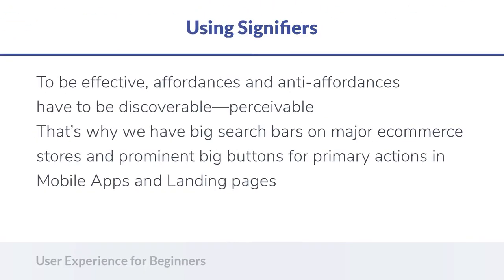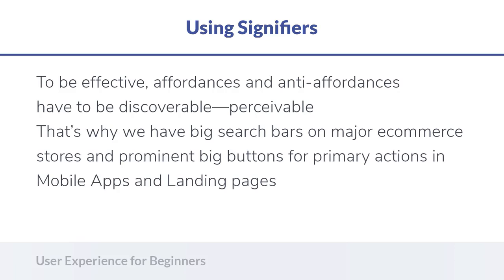Now moving on to how we are going to use these affordances and signifiers. To create a delightful user experience, you need to have affordances and anti-affordances perceivable. What that means is you are going to use very strong signifiers to show what actions are possible and where the user needs to press or do the action. That's why we have very big search bars and big buttons on major e-commerce stores like Amazon and Walmart.